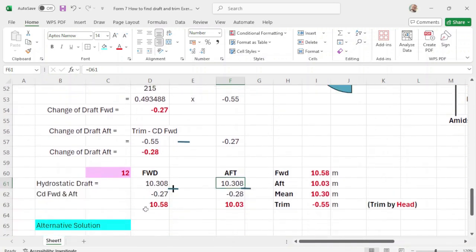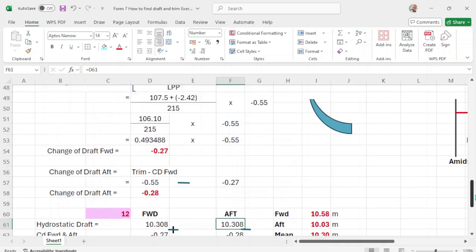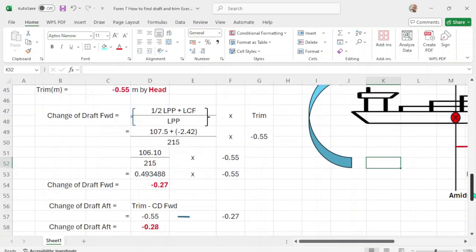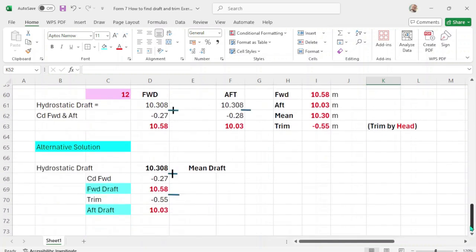So you add this one, the final drop forward will be 10.58, and subtract up, because up will rise up, so you have less drop there, and that will be 10.03. So your forward drop is 10.58, your up drop is 10.03, your mean drop is 10.30, and trim is 0.05.